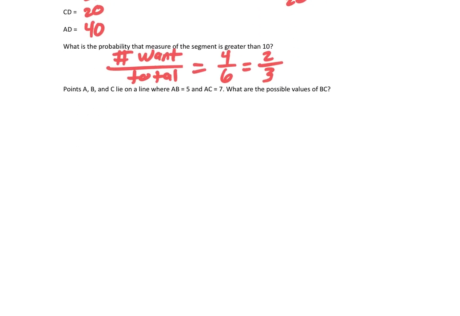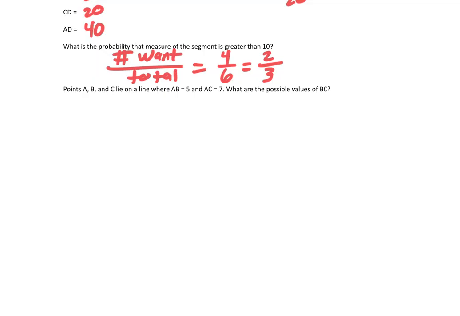All right, here we go, last one. We do not have a picture, so we need to kind of provide our own picture here. And we got to still fit whatever specifications they give us. Points A, B, and C lie on a line. AB is 5, AC is 7.